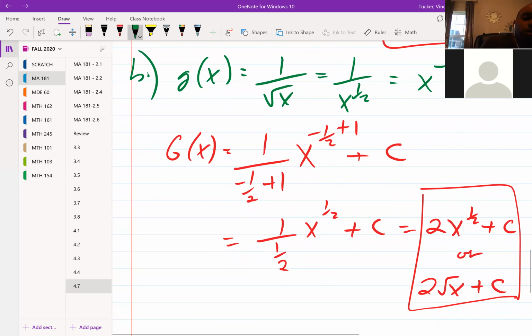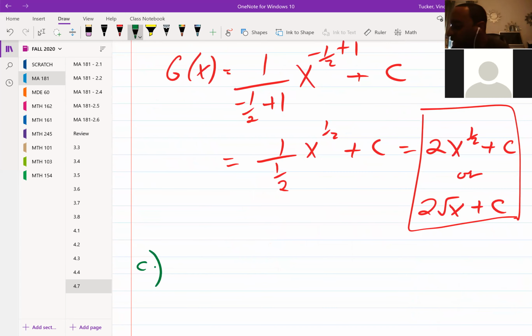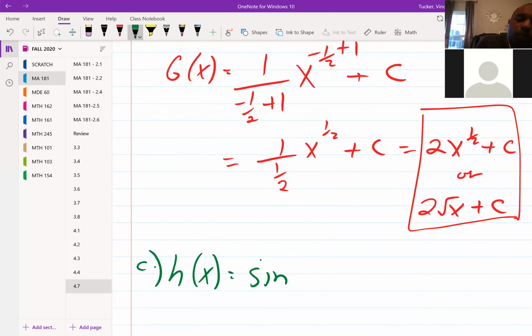Any questions? Like I said, we're just undoing the derivative process. Things like this will help when we talk about our physics. Remember before we were going from position, your s, to velocity, the derivative of s, to acceleration, which is the derivative of your velocity, or the second derivative of your position.